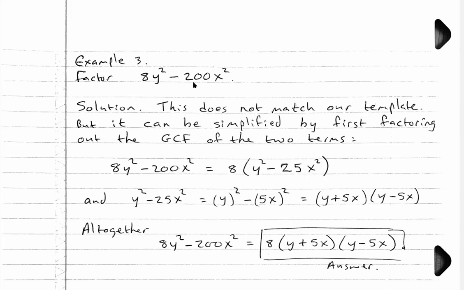This is 8 times 1. This is 8 times 25, right? So factor out this greatest common factor. What's left? We're still left with y squared minus 25x squared.